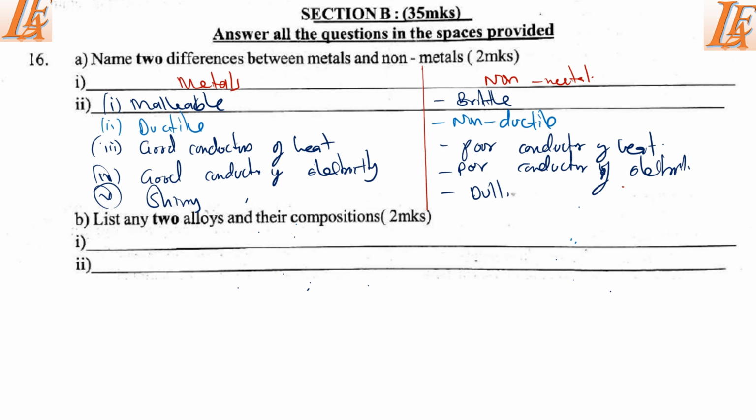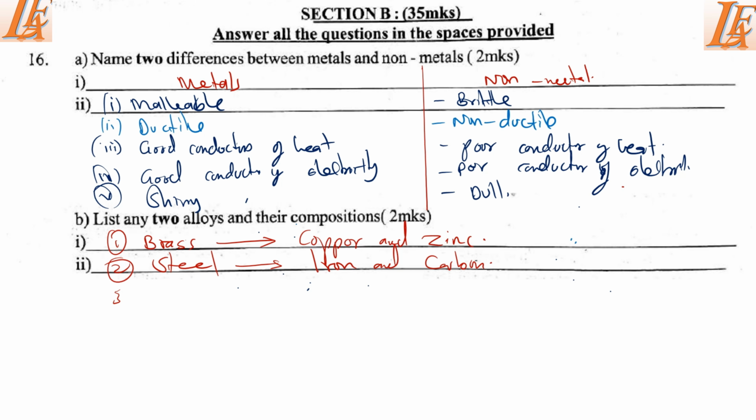We can list three. In this case, the first one we can list is brass. Brass is an alloy made of copper and zinc. This is the first alloy. The second that we can list in this case is steel. Steel is made up of iron and carbon.